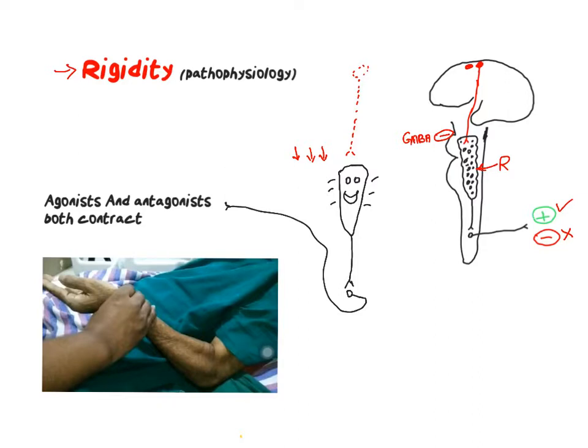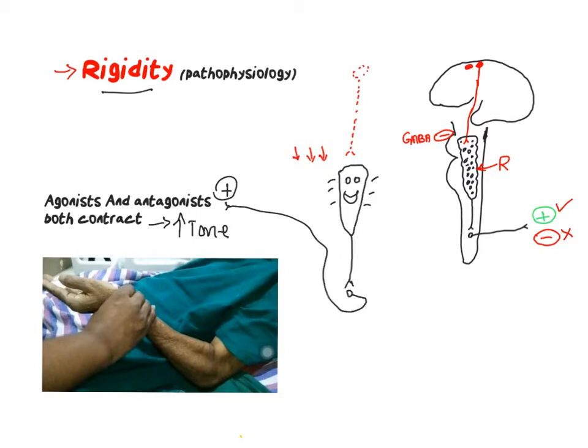When they are both stimulated, they will contract and lead to an increase in body tone, which is why you have a very stiff posture in Parkinson disease, called rigidity.